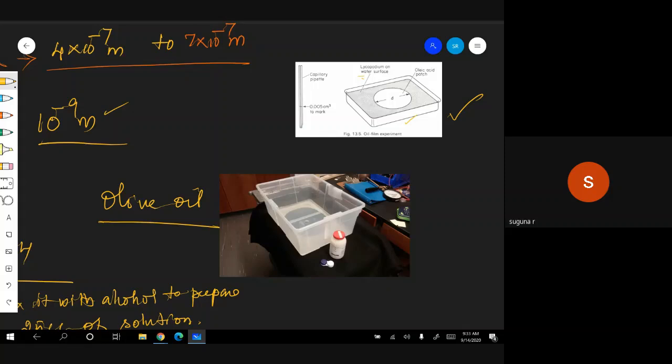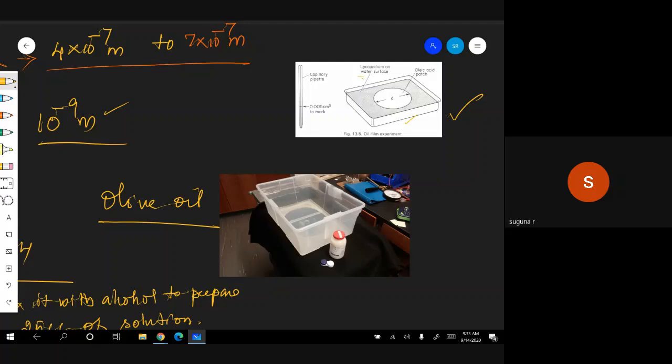And once you are pouring, what happens? It will spread. Give it some time, and the solution spreads nicely on the surface of water.